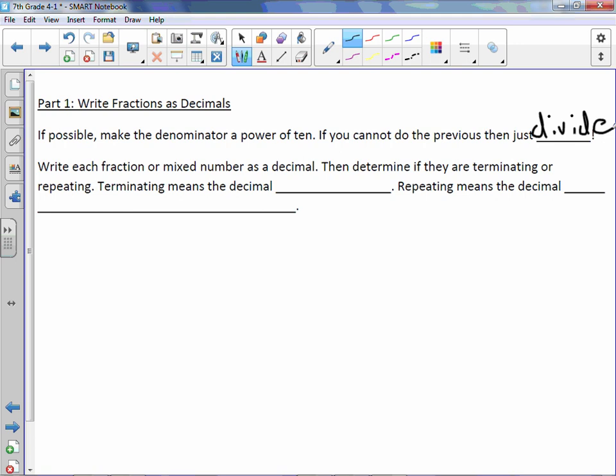Write each fraction or mixed number as a decimal. Then determine if they are terminating or repeating. Terminating means the decimal ends. Repeating means the decimal goes on forever and repeats.